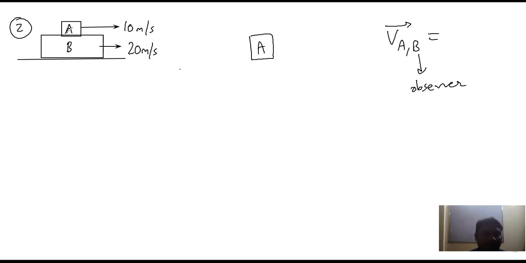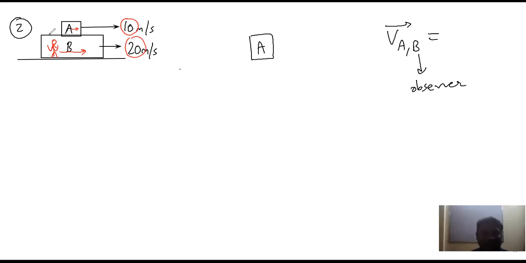So let me become an observer here and I sit on body B. What I will observe while sitting on B is that A is moving in backward direction. Why? Because actually I am moving in forward direction with 20 meters per second and A is moving in forward direction with 10 meters per second. So I'll feel A is lagging behind me.